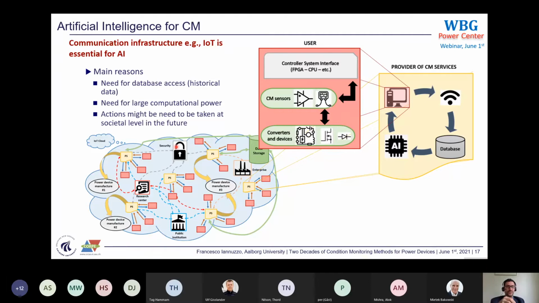So big problem also about security, and of course public institutions making strategic decisions in terms of quality of service and something like this.